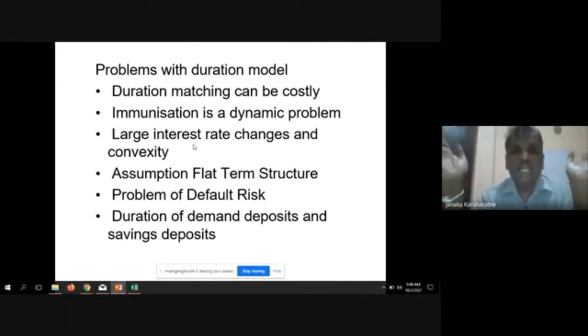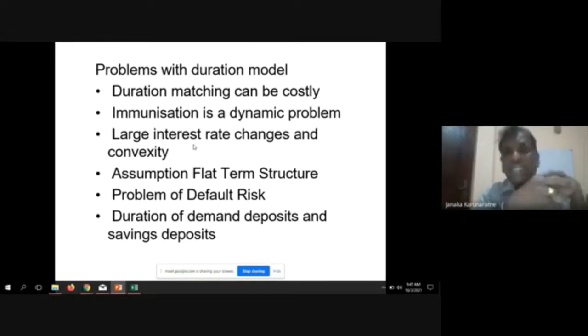Whenever you see uncomfortable duration gap, you always need to immunize against the possible adverse interest rate movement. But in practice, you can't stop at one time. Every day you have to look at it, every day you have to do it. But it is not easy. So that's why it's costly.